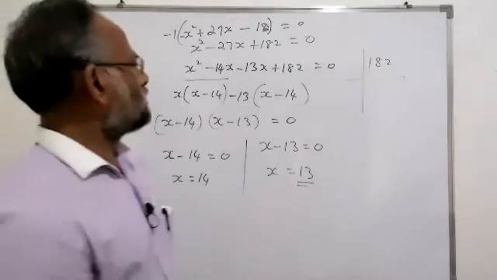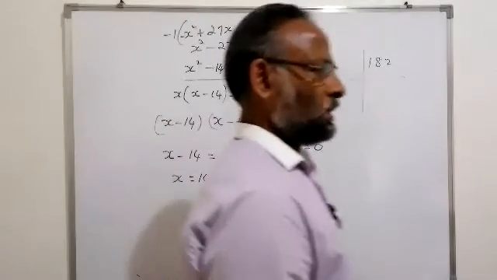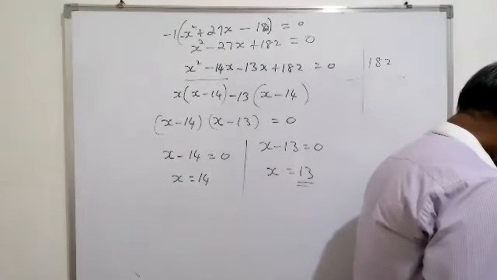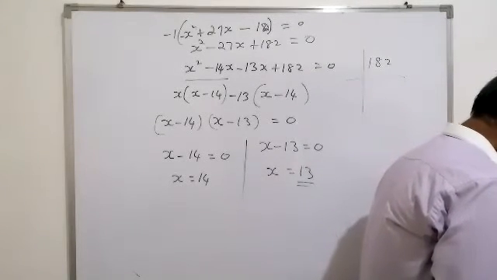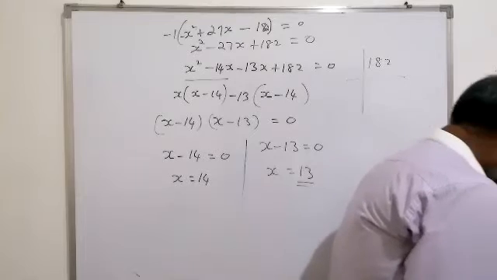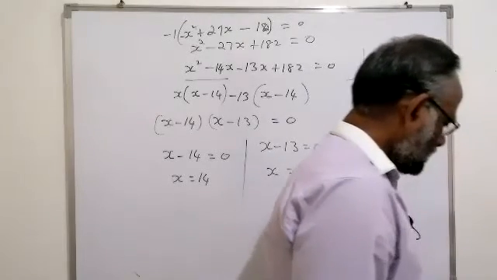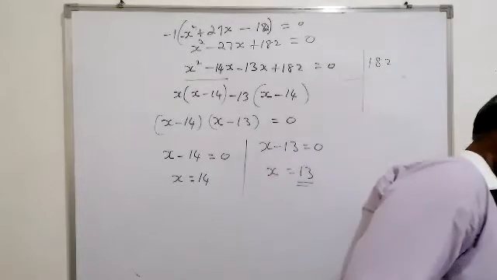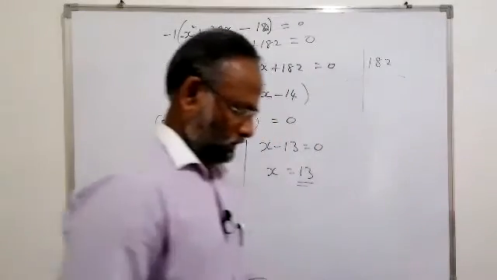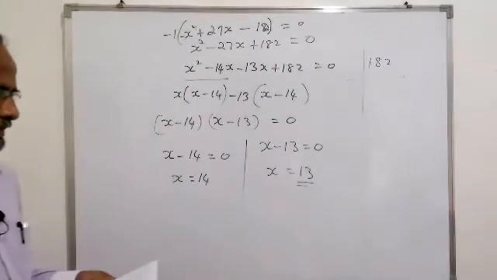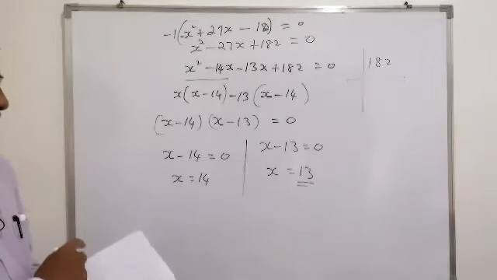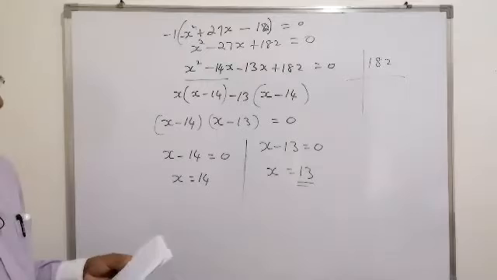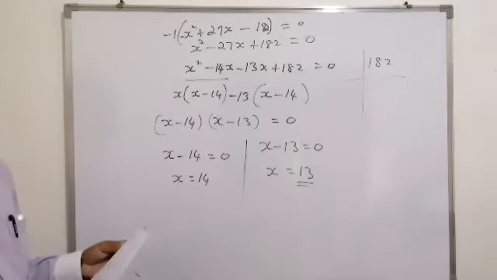What is the question? Find the two numbers. The numbers are 13 and 14. Find two numbers whose sum is 27, and you can check that. You understood?